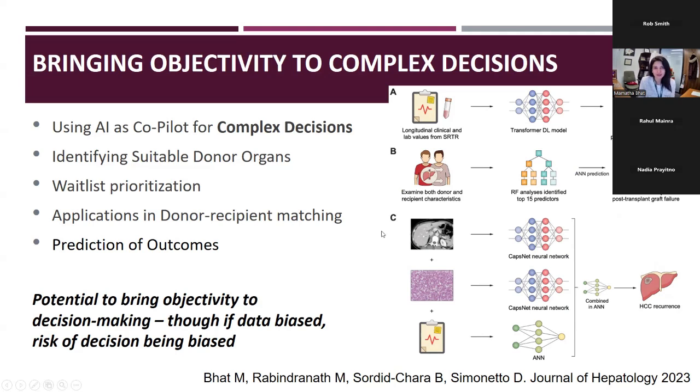But I think overall, there is a great deal of potential in bringing objectivity to complex decisions, especially if the model has been trained on a large amount of data representing the experience of multiple physicians and multiple patients. And having such a model could then be informative to bringing the most objective possible decisions to a certain task.